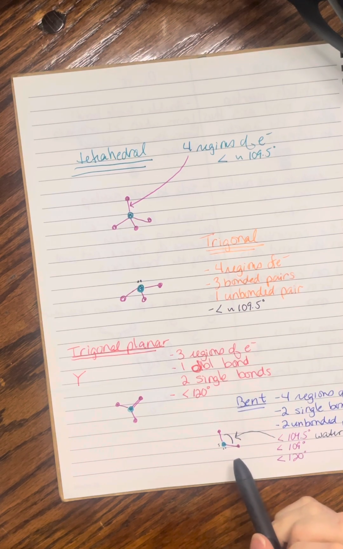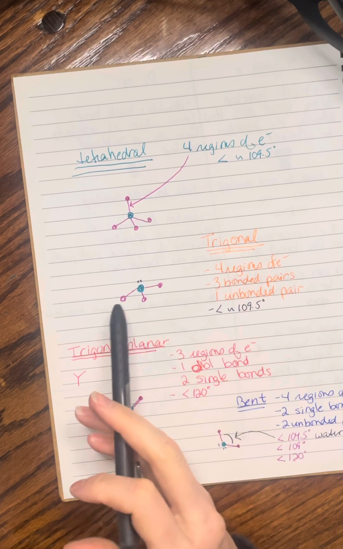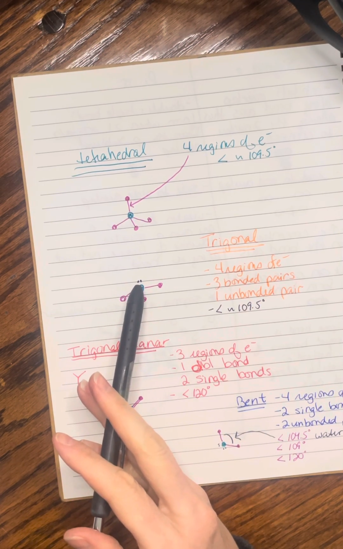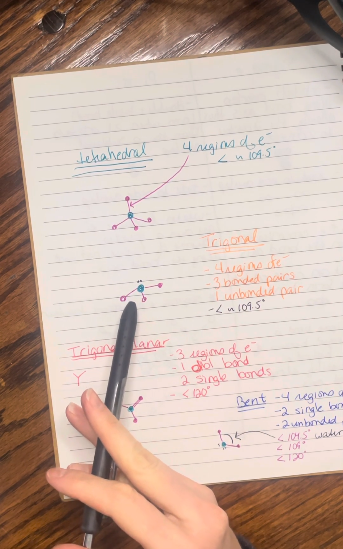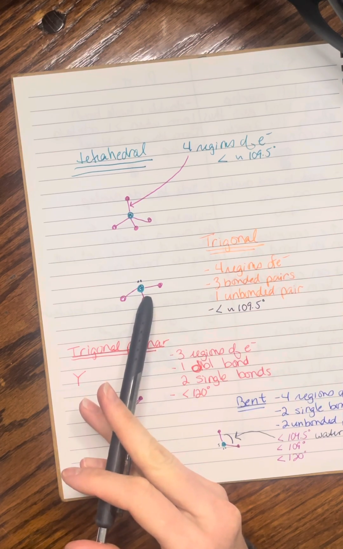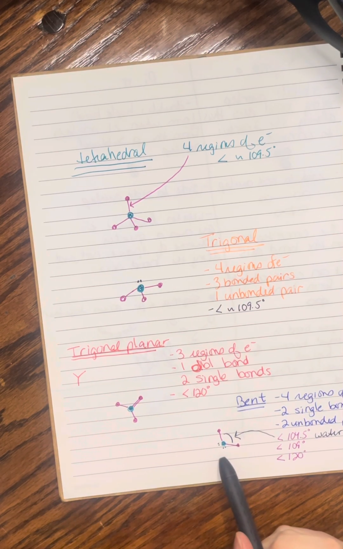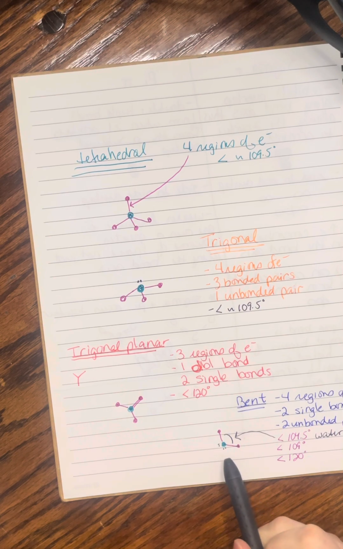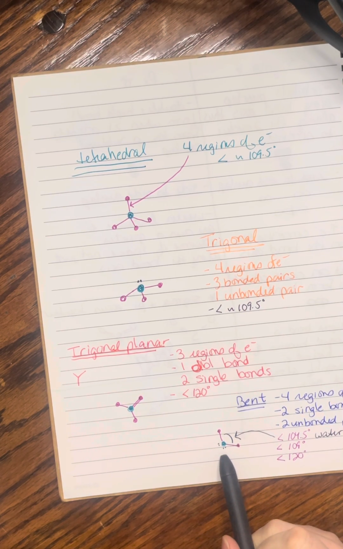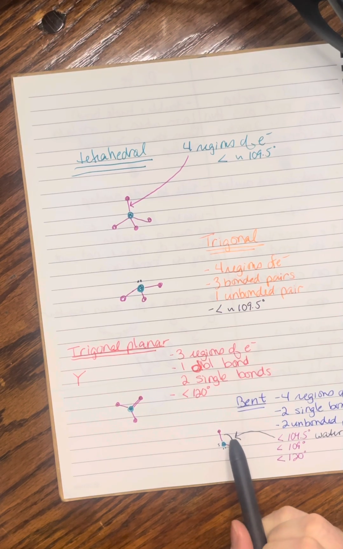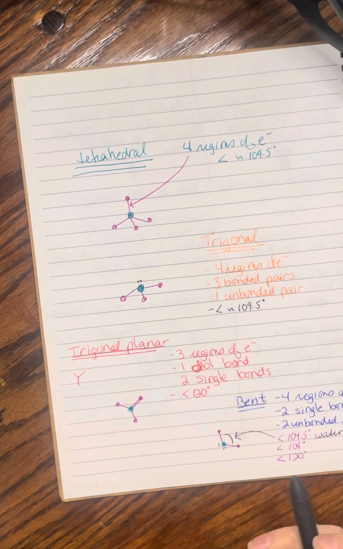So the confusing thing, here's the thing that got me a little bit too, was that the unbonded pair in this trigonal had a stronger force. So it pushed those angles a little bit closer together, right? So I'm wondering why, and I haven't researched this yet, why these unbonded pairs don't produce a pretty strong force as well, and make this angle almost less than a 90 degree, you know?